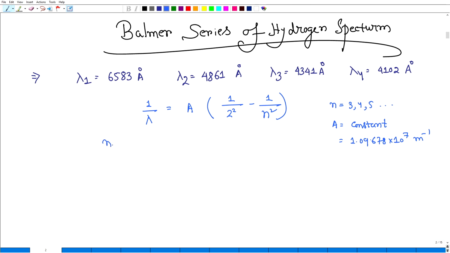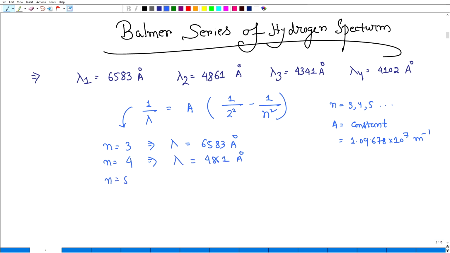If you choose n equals 3, then from this equation you obtain lambda equals this value. For n equals 4, lambda will be 4861 Angstrom.